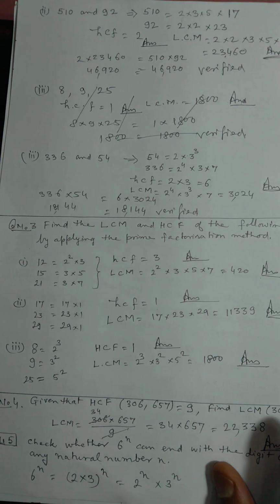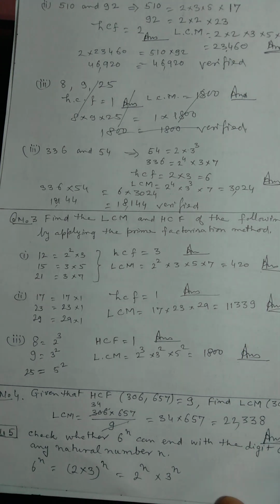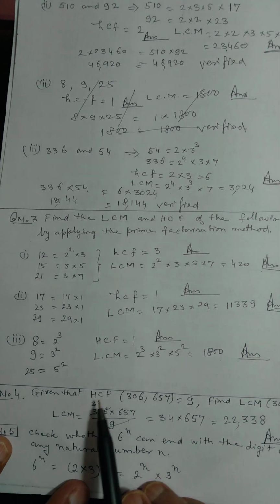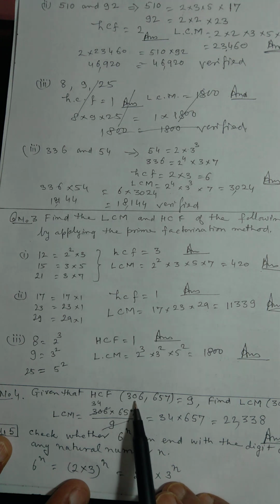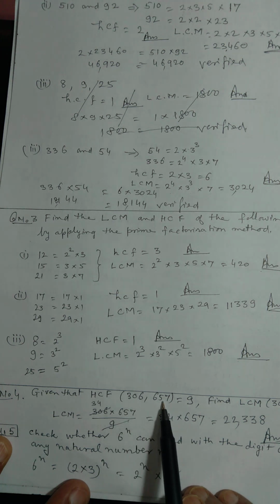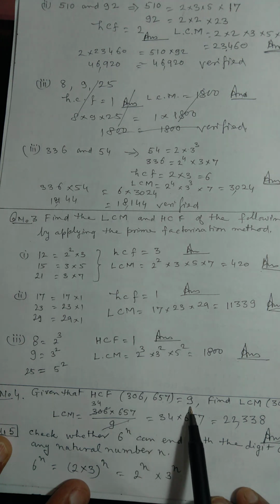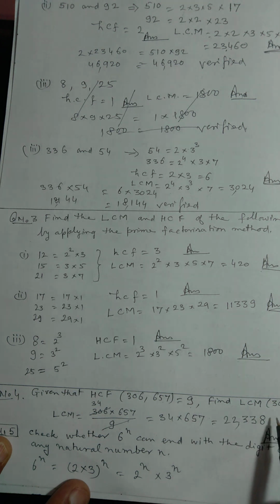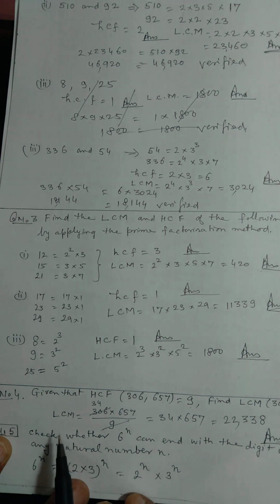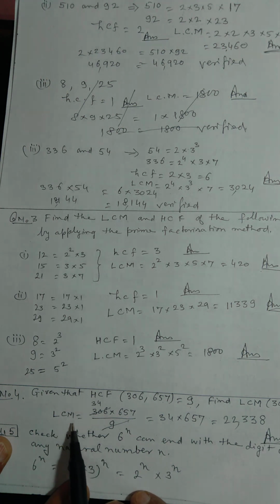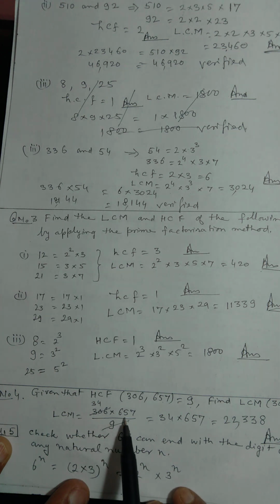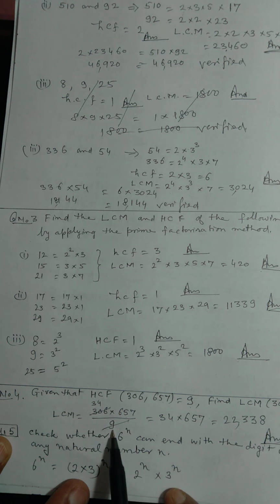Now proceed to question number 4. Given that the HCF of 306 and 657 is 9, find the LCM of 306 and 657. The LCM will be equal to the product of the numbers divided by the HCF.